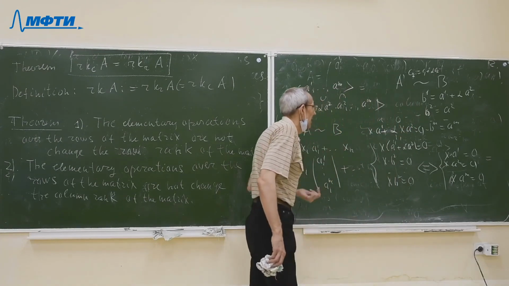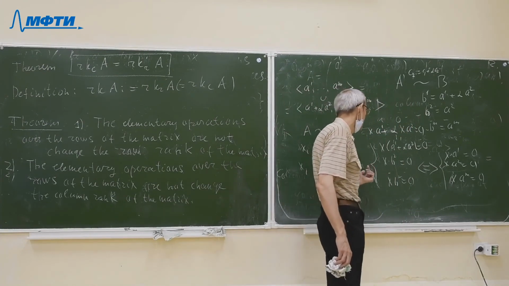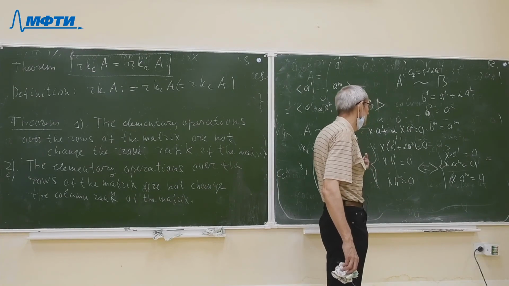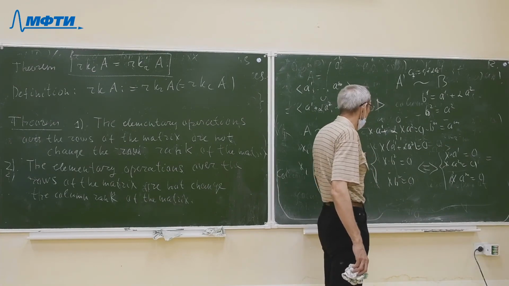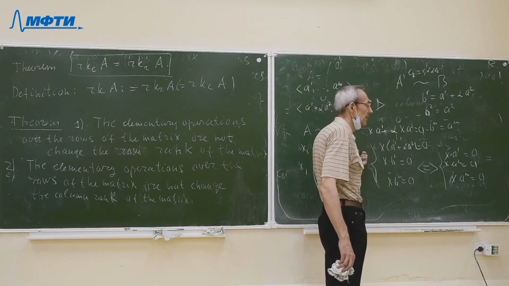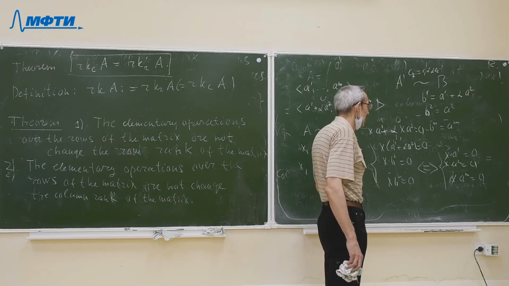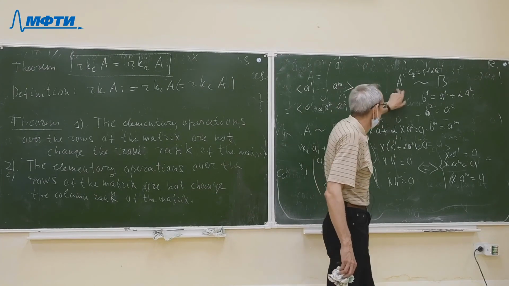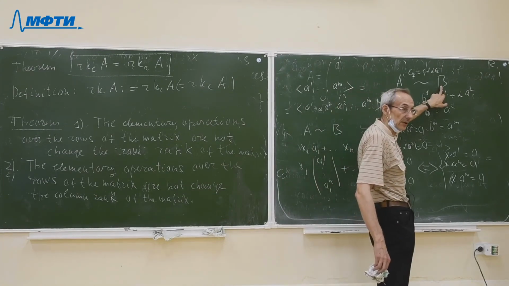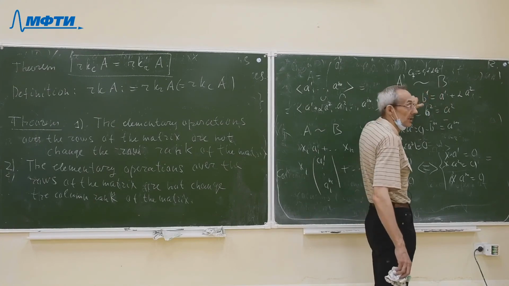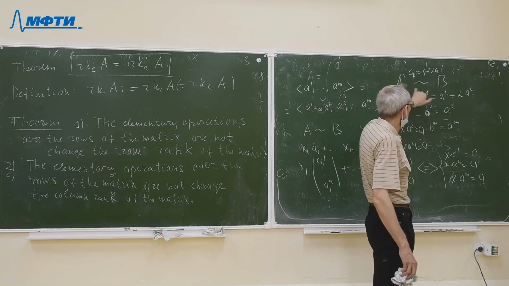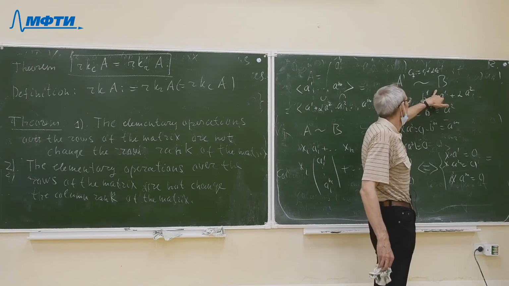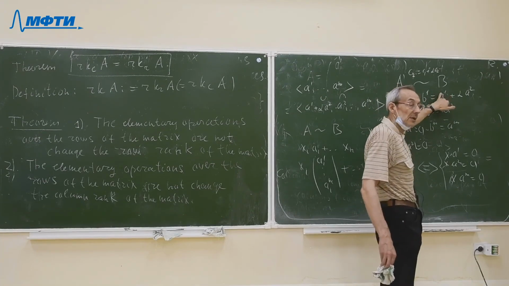It means that if the columns of the initial matrix are linearly dependent, then these columns are also linearly dependent, and the opposite way. The linear dependence of these columns is equivalent, and therefore the linear dependence of the columns of this matrix is equivalent.